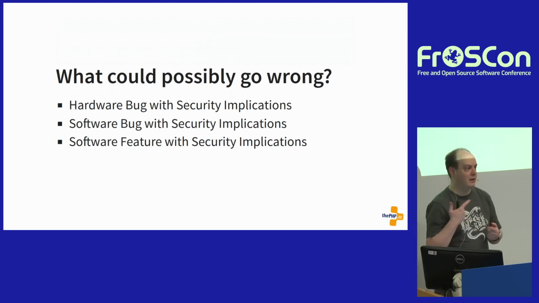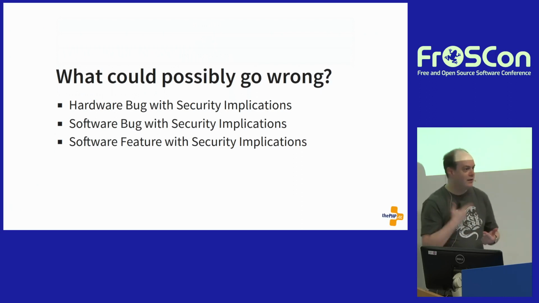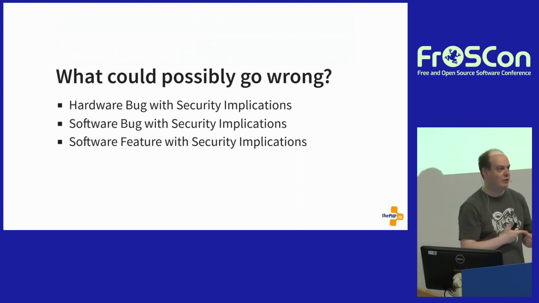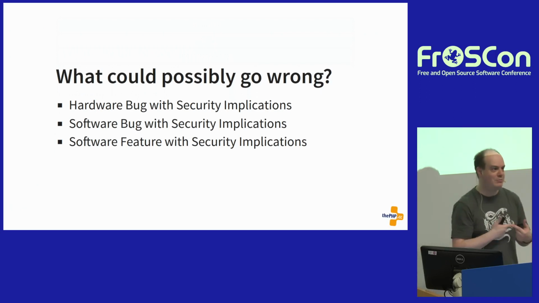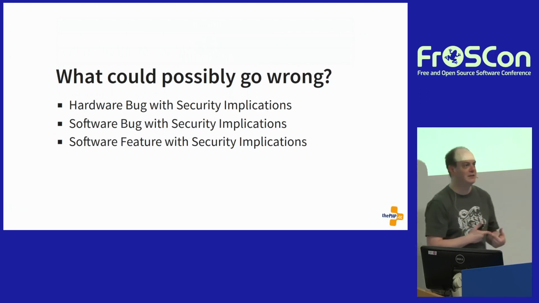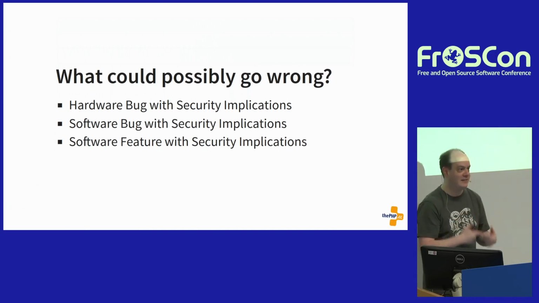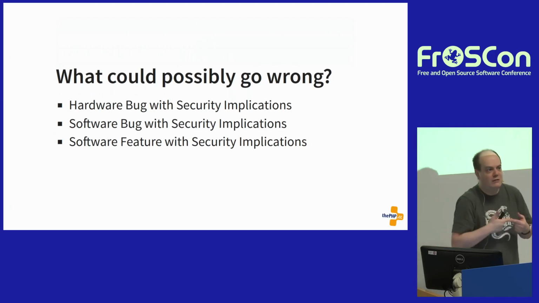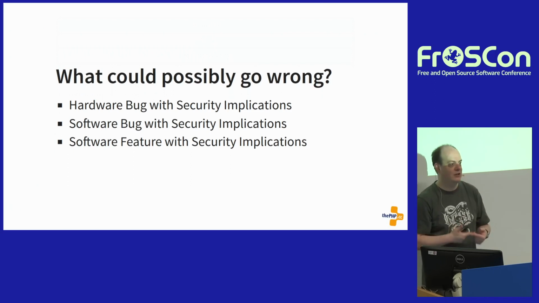In her presentation earlier today, Bianca Kastel mentioned Log4j, Log4Shell. In my opinion, that was not a software bug. That was a feature working exactly as designed and intended and as tested. Just nobody realized that it would probably be a very bad idea to implement a feature like that.